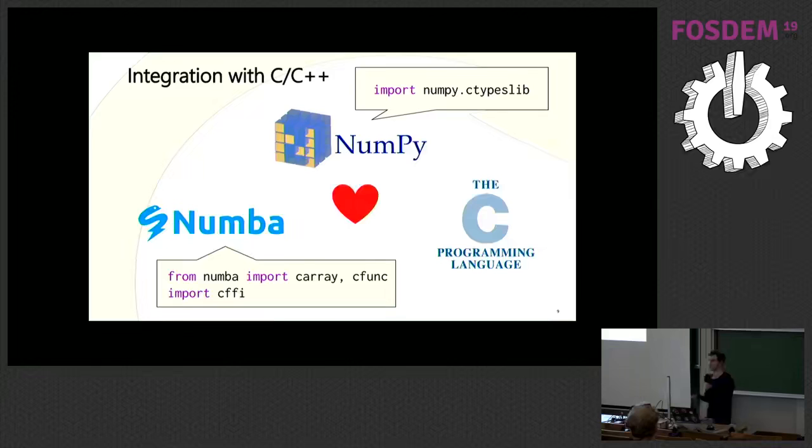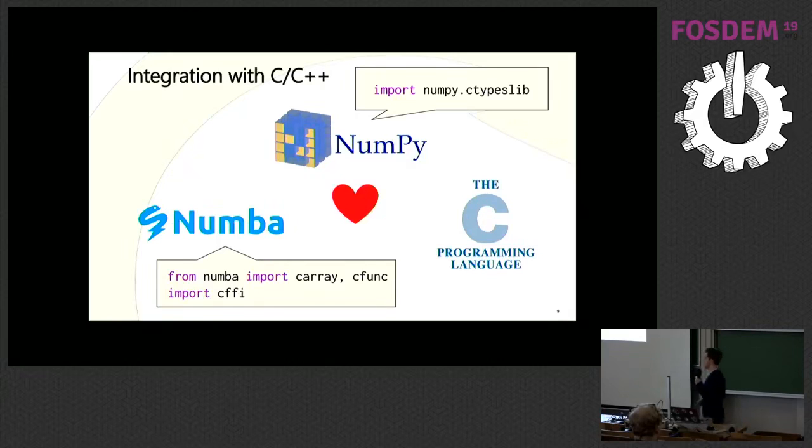That's basically what we also do in our solver. We pass the pointer of the function generated by Numba to the solver. We also pass the pointers to the C++ objects that we want to call.